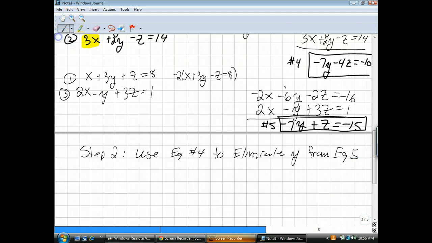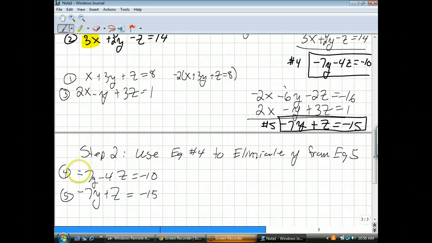So equation 4 is negative 7y minus 4z equals negative 10. Equation 5 is negative 7y, whoops, I forgot my y there, plus z equals negative 15.